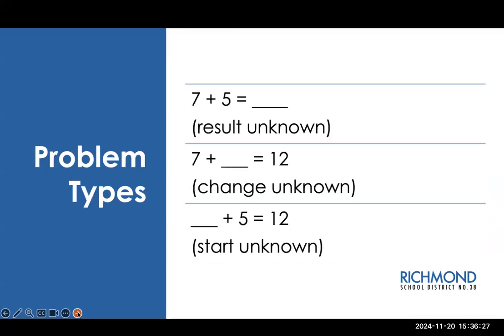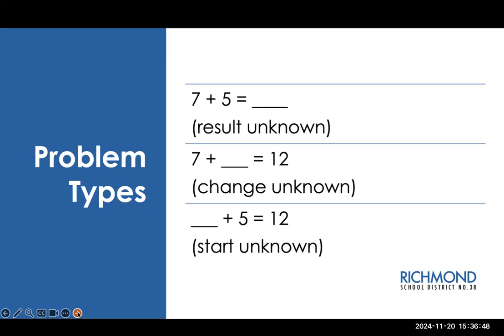Another aspect of CGI is that there's different problem types. For example, for addition, subtraction, multiplication, and division, there's the result unknown, there's the change unknown, and then there's the start unknown. And depending on the context of the problem, it's a different part or unknown that students are trying to figure out.